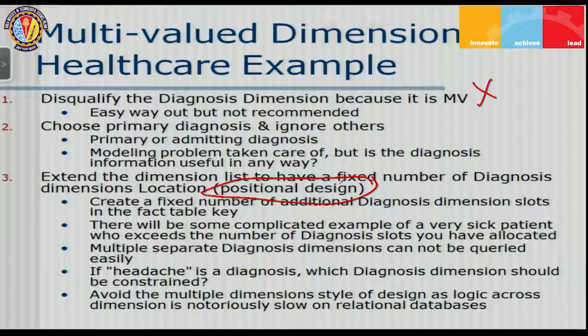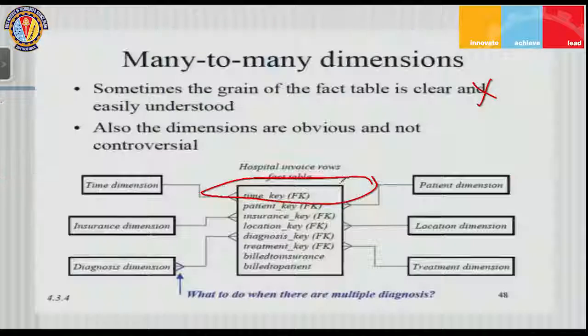If headache is a diagnosis, which diagnosis dimension should be constrained? So you cannot have multiple diagnosis dimensions either, because we don't know which diagnosis is in which diagnosis table. So avoid the multiple dimension style of design, as logic across dimensions is notoriously slow on relational databases, and is also not very well supported in relational technology. So we don't take this kind of approach.